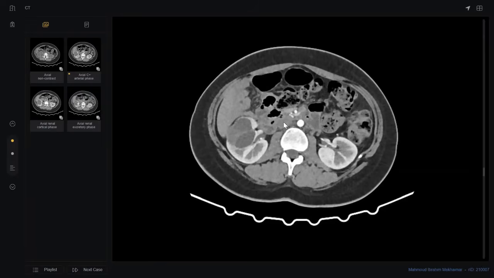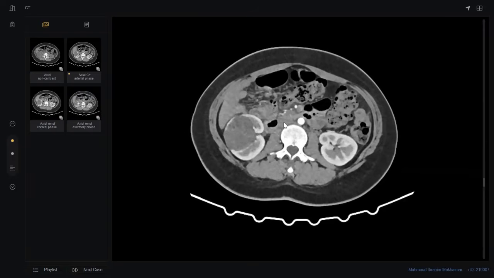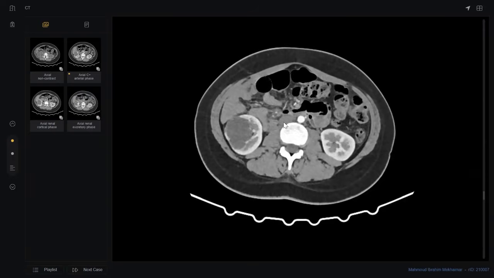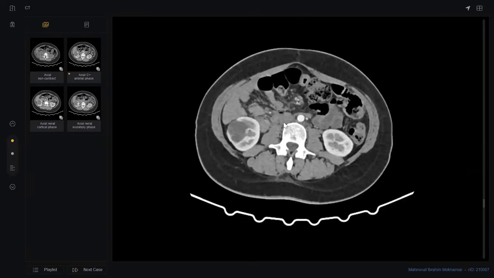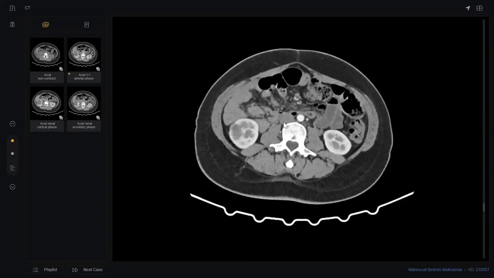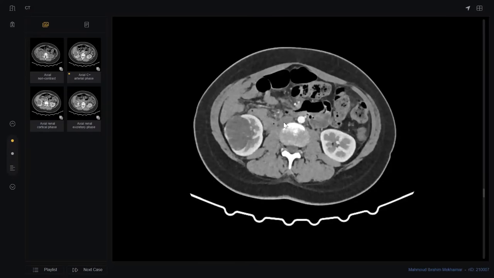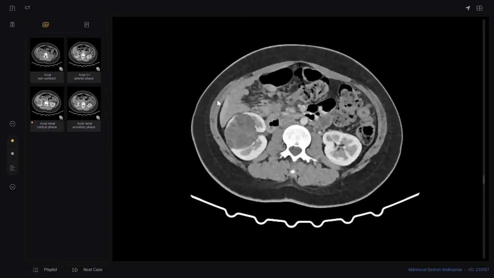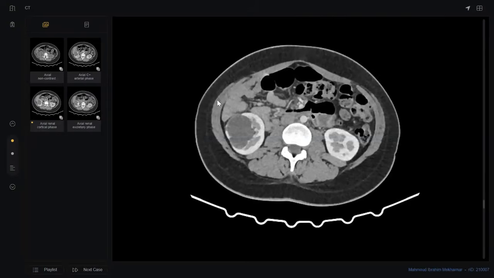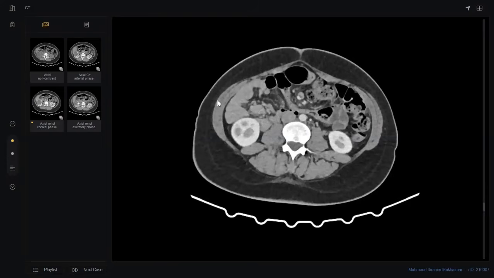I'm concerned, but the lesion is not enhancing as compared to the renal cortex. So it could be a complex cystic lesion or a cyst with hemorrhage, but there is no active bleed seen within the lesion.